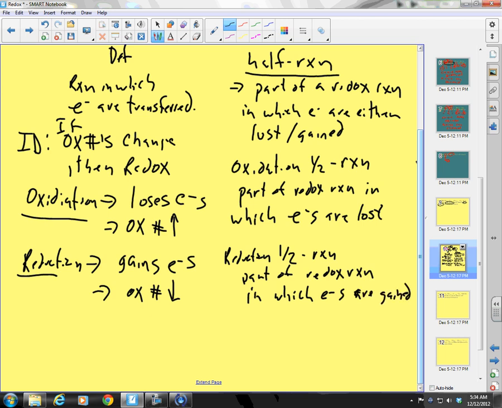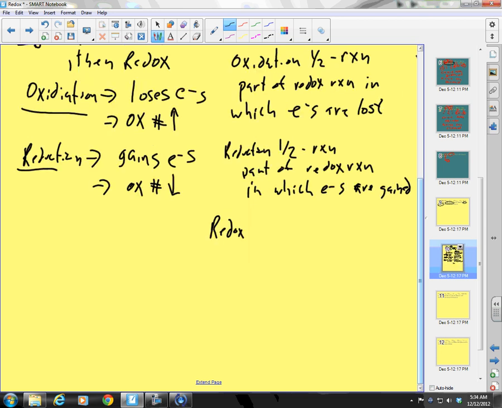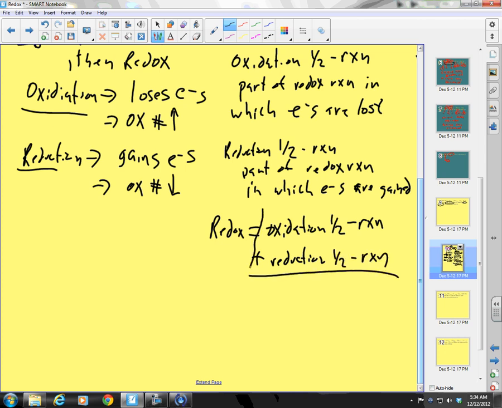And guess what? What is my whole redox reaction equal to? My whole redox reaction is equal to the oxidation half reaction plus the reduction half reaction. Okay, so if I look at the oxidation half reaction and add it to the reduction half reaction, what do I get? I get the total redox reaction.